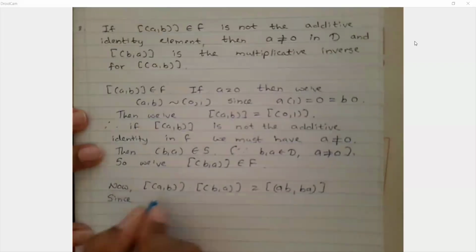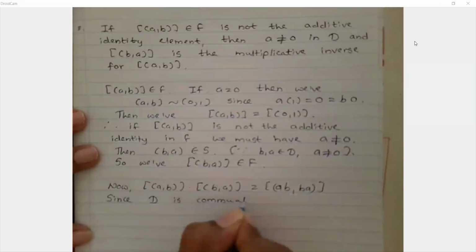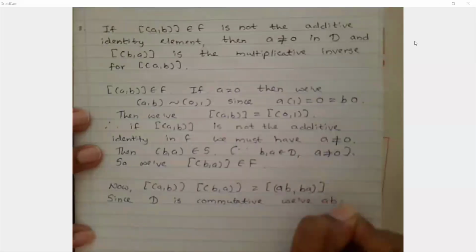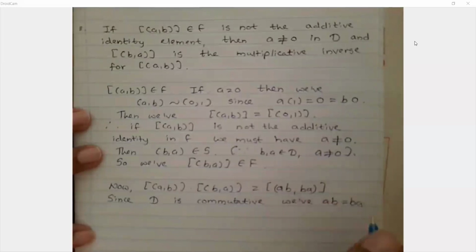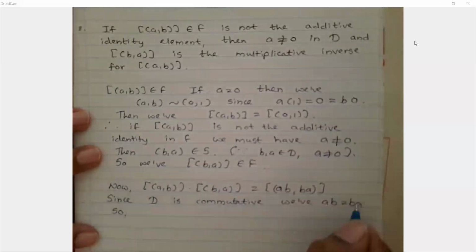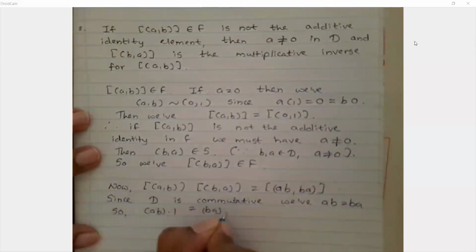Since D is commutative, we have AB equal to BA. So what we do is multiply both sides by 1 because we want to show that this is equivalent to 1. So AB times 1 is equal to BA times 1.